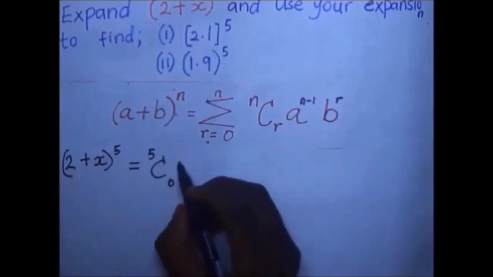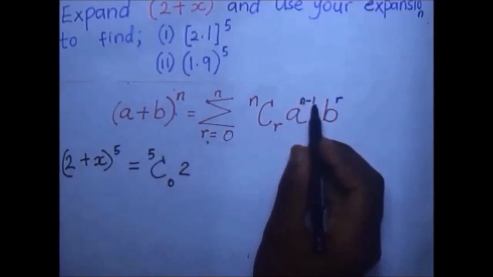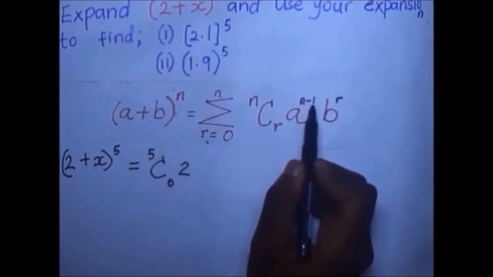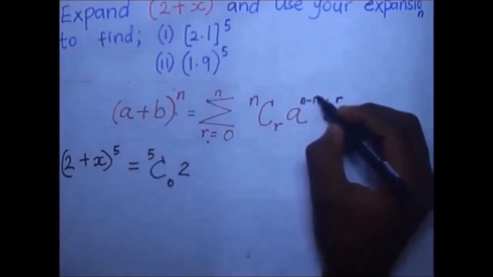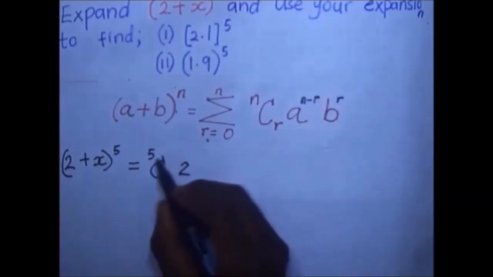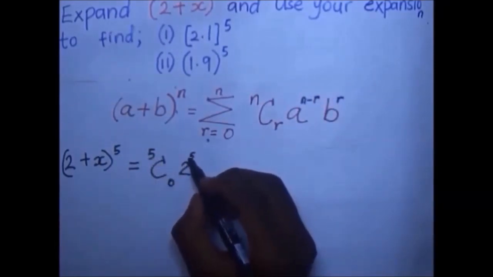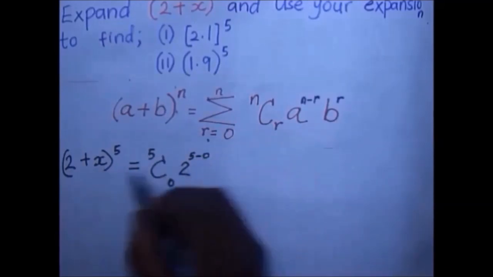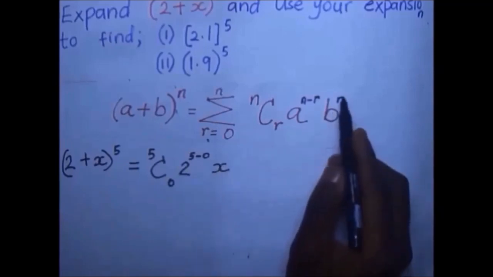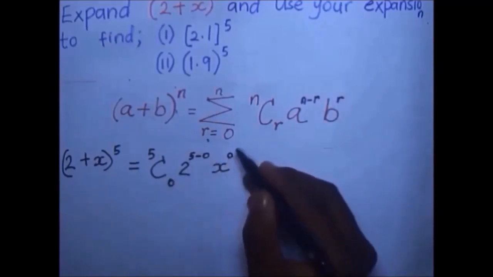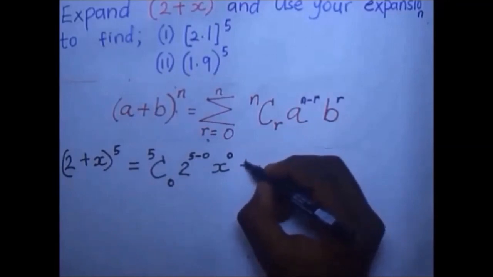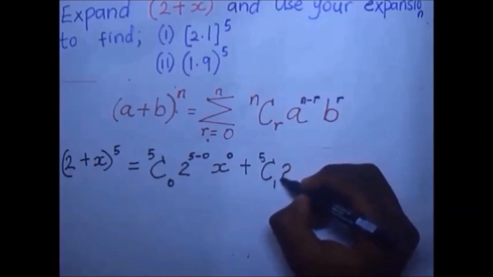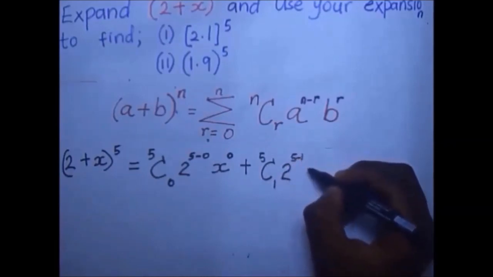It is 2 to the power n minus r actually, so it's going to be to the power 5 minus 0 times b, which in this case is x to the power r. And what is our r? 0.